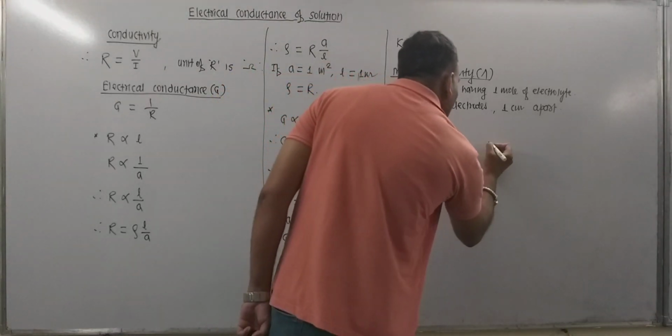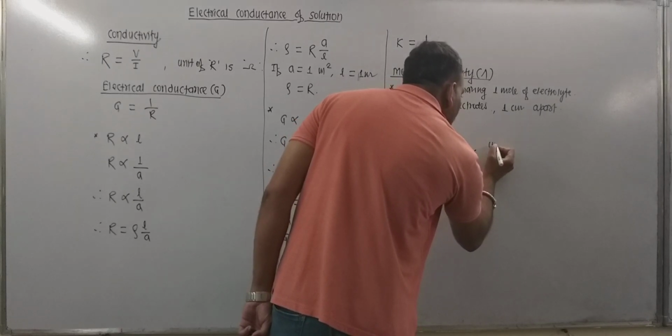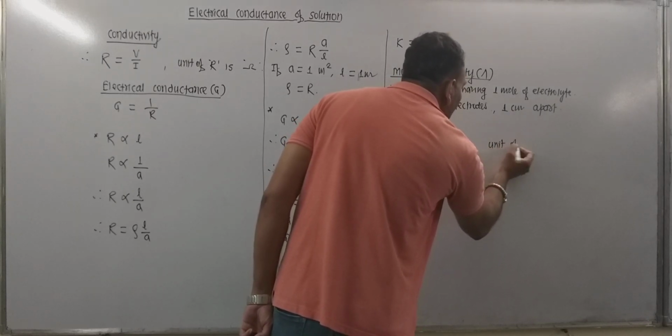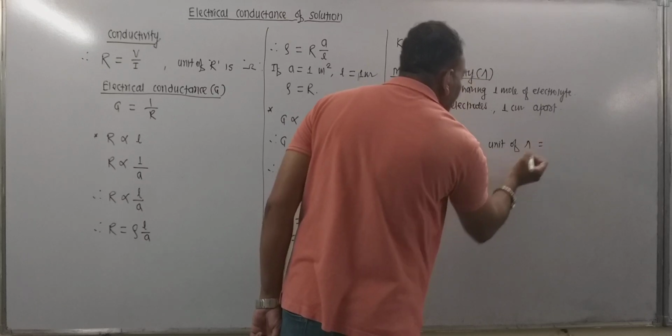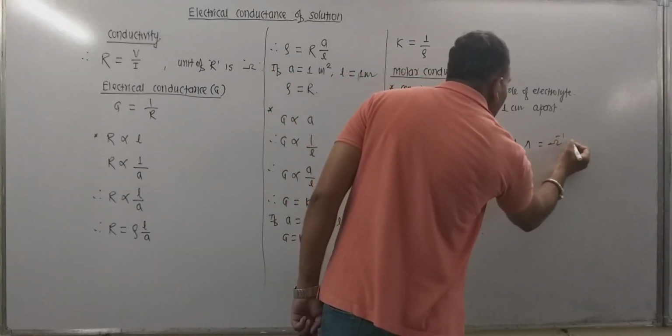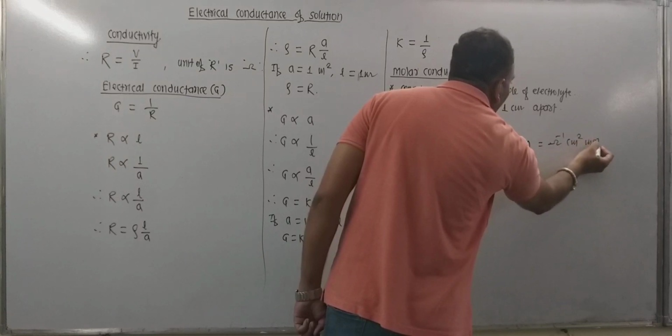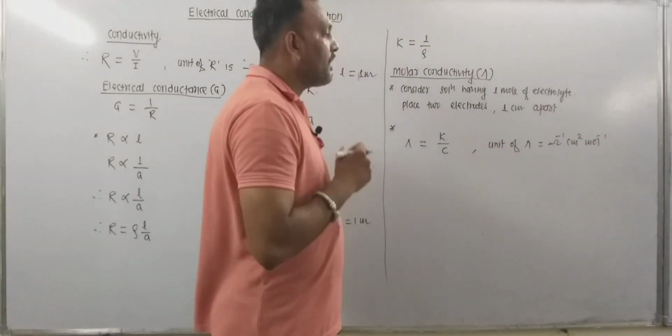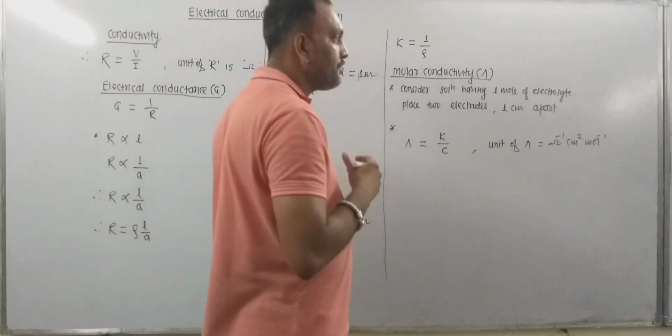And remember, the unit of molar conductivity is ohm inverse centimeter square mole inverse. In this way one can express the molar conductivity.